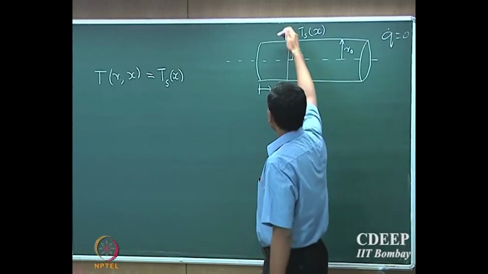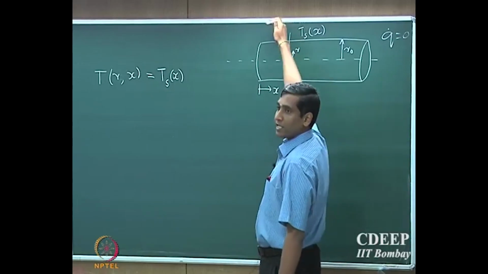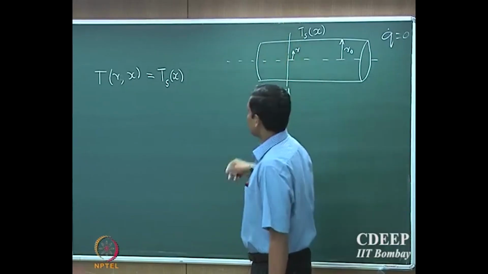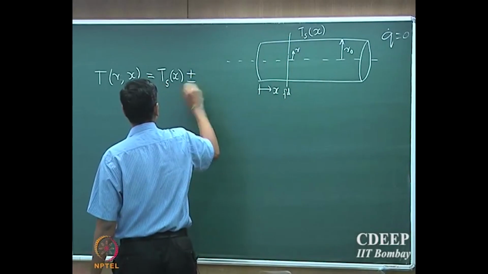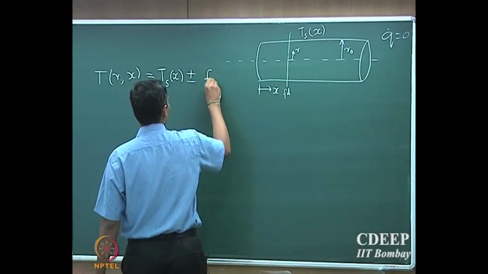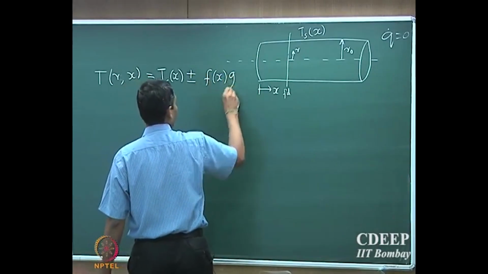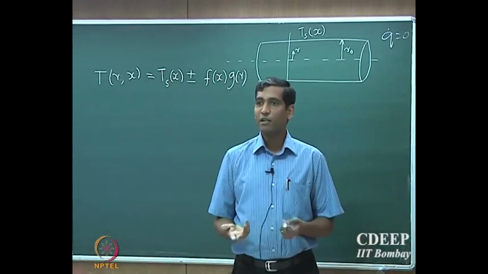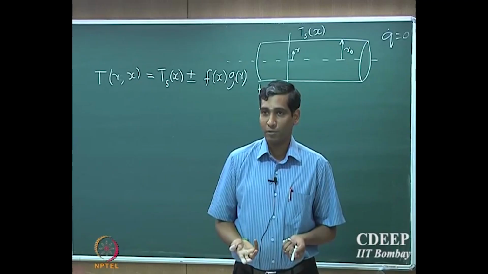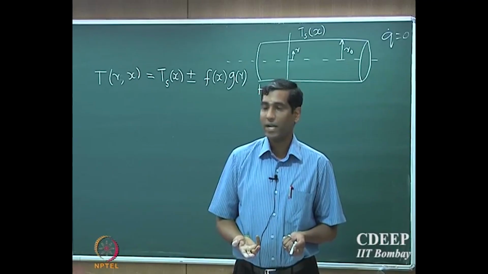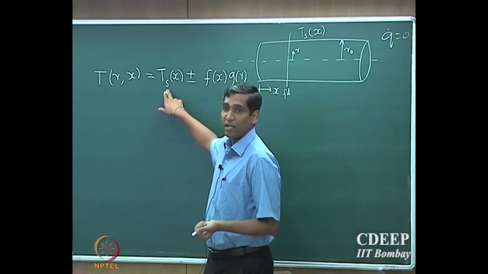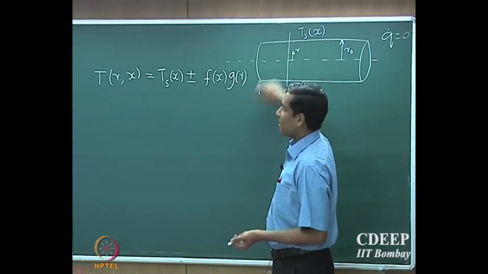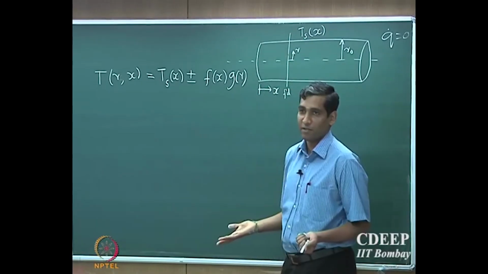So if we assume that there is heat that is being supplied from the external region to the fluid or from fluid to the surface, so the general solution will be Ts plus or minus some function of x and some function of the radius, right. So that's the general form of the temperature distribution, right. The upper sign is for when the heat is being supplied from the surface to the fluid, and the lower sign is for vice versa.